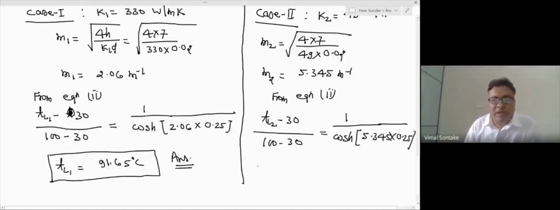So from here, TL2 comes out. Calculate. I could get this value as 64.25 degrees Celsius. This is answer number 2.